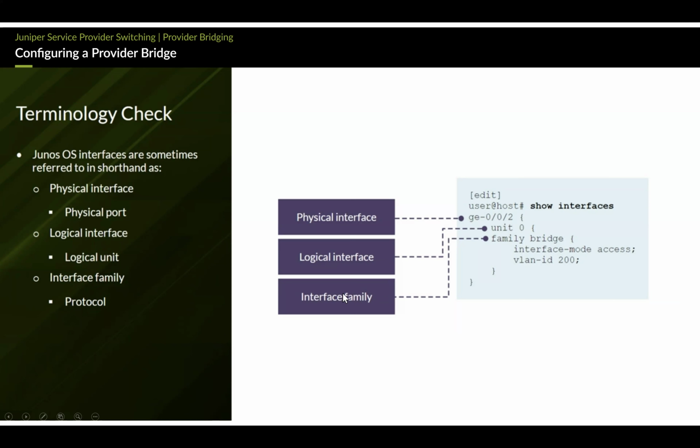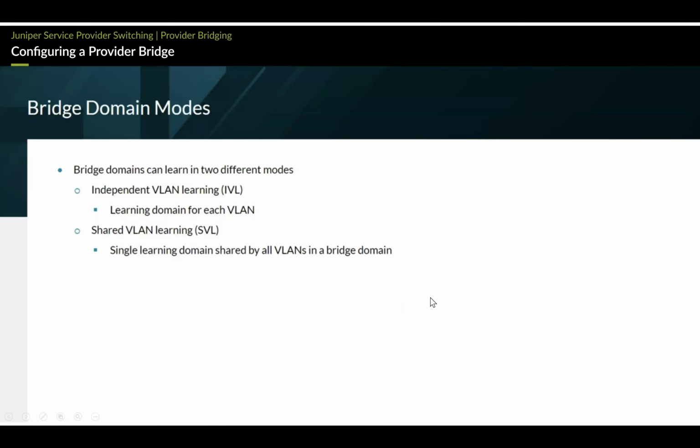This is the logical interface. Family means you are configuring this interface as layer 2 or layer 3. So we're configuring this interface as layer 2. That means family bridge, interface mode access, and this is the VLAN ID. This example is basically configuring one single interface as access mode, and associating VLAN 100.